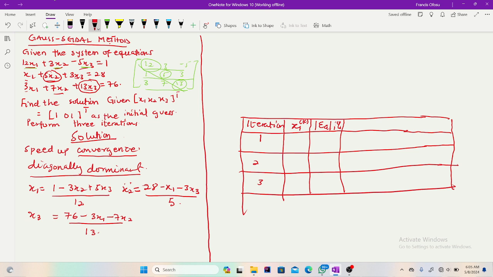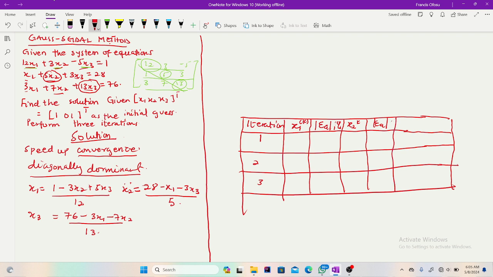Then you have your x2. Then you also have another error again, the absolute relative error. So this error 2 is here.